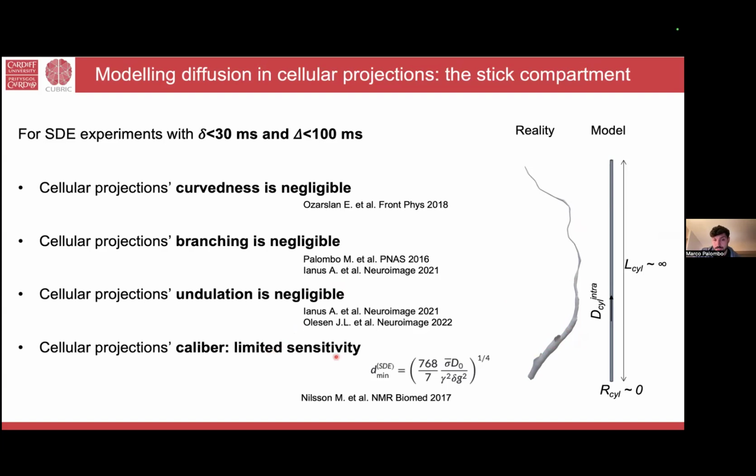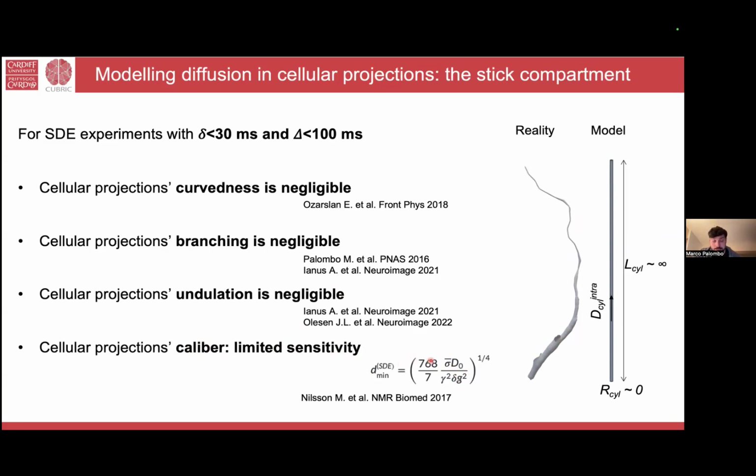We do have a sensitivity to the size of this fiber, axon diameter or dendritic size, but this sensitivity is very much a delicate balance between the gradient strength. We would like to have the highest possible gradient strength and the SNR, this sigma you see in this equation. So you need both. You need the strong gradients and high SNR if you want to properly, accurately estimate the caliber of the cellular fibers.